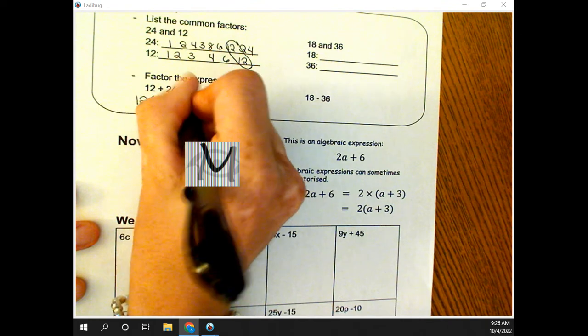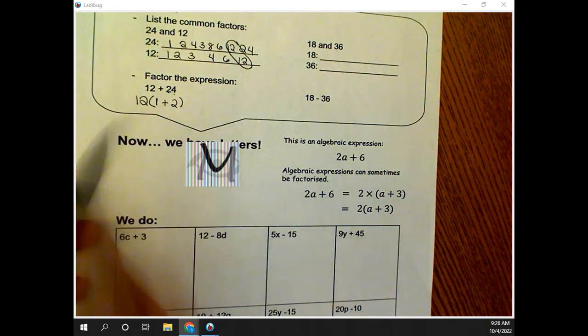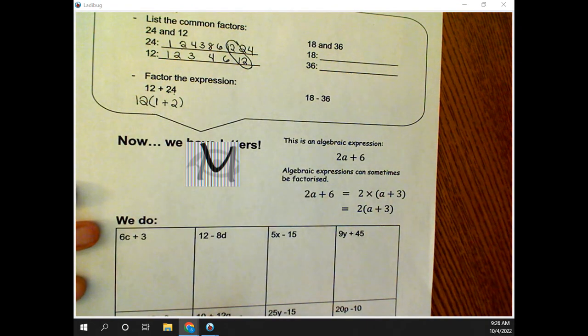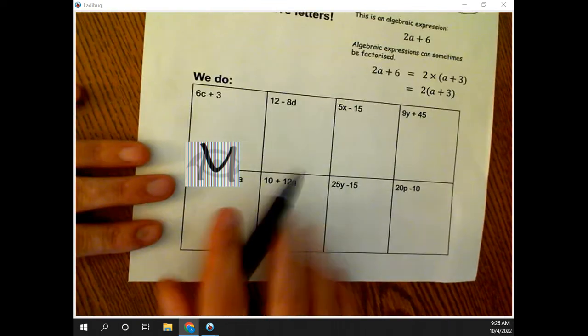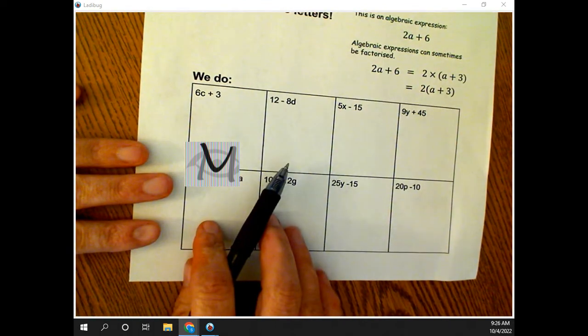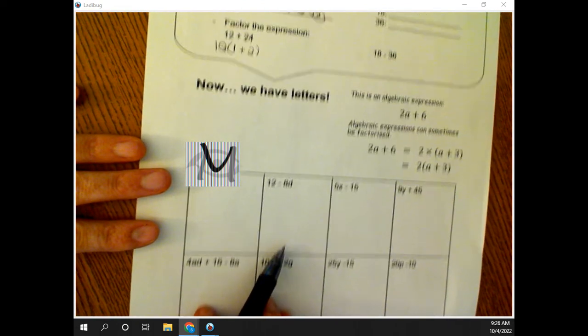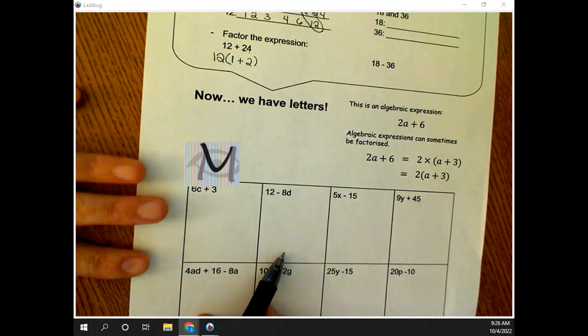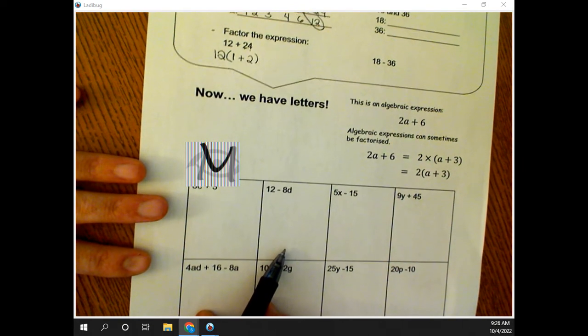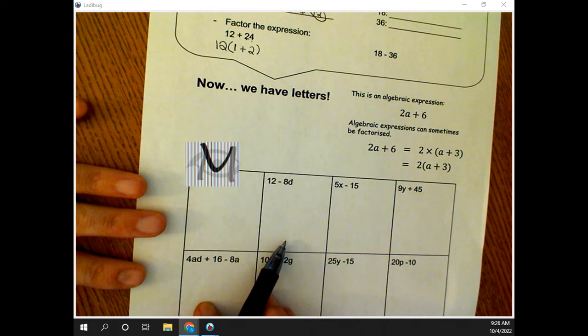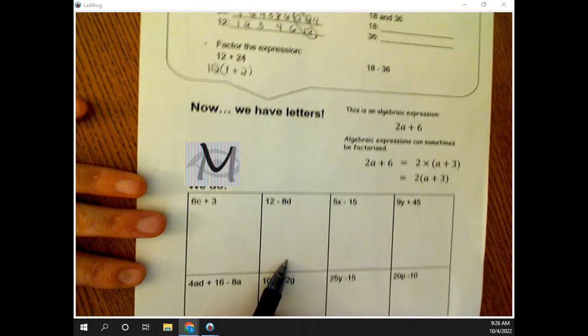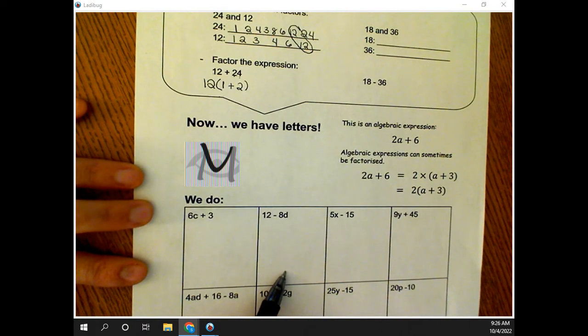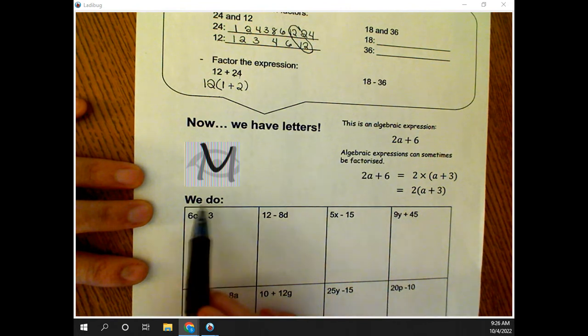So we're going to actually write this with variables in it. So let's go ahead and go down to the first one. All right. So let's do this one together.